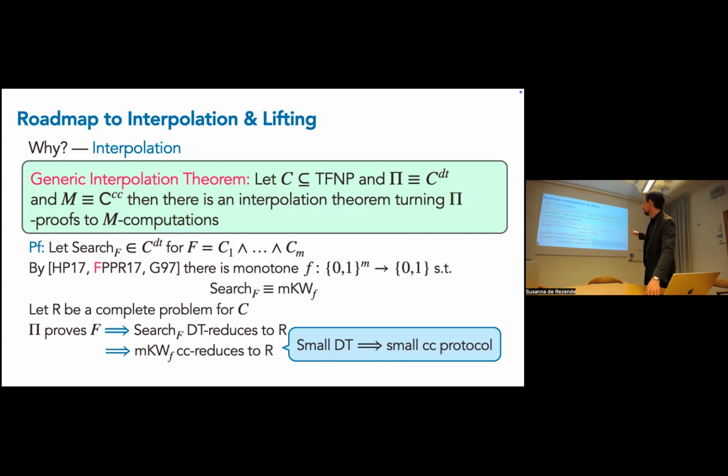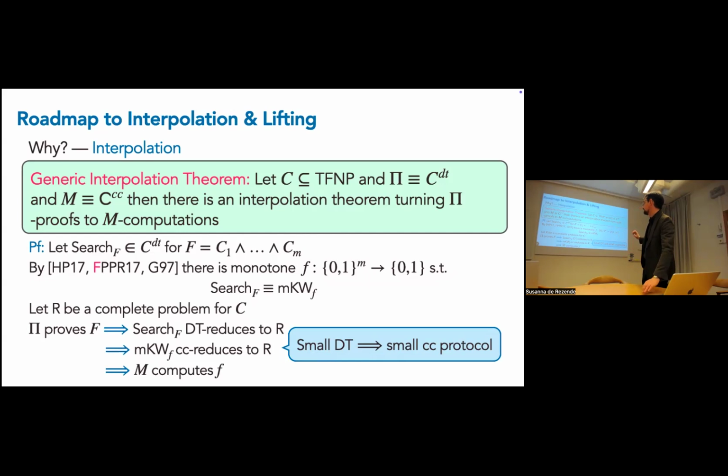So we get that the monotone Karchmer-Wigderson game communication reduces to R. And because we have this characterization of the communication version of this class by the computation model M, we get that M computes this corresponding function. So this is a very simple interpolation theorem that just comes out of having these characterizations.